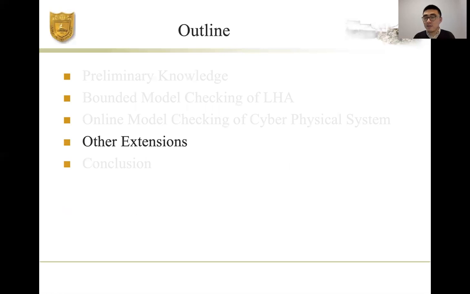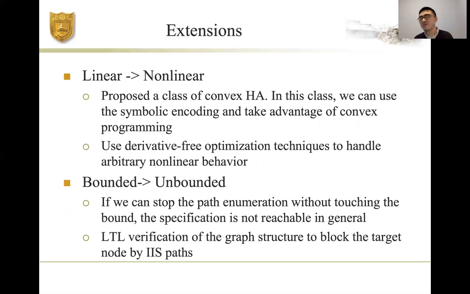Okay, now let's talk about some other ongoing extensions. First, we move from linear to nonlinear. What we just discussed was verification of linear hybrid systems, but many existing systems are nonlinear. So first, we proposed a class of convex hybrid systems.